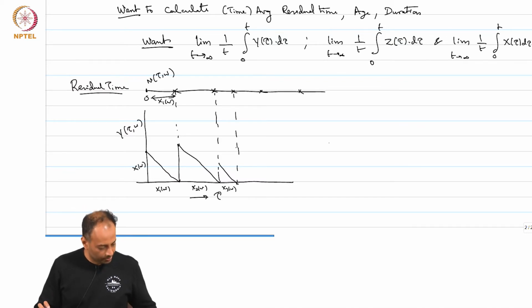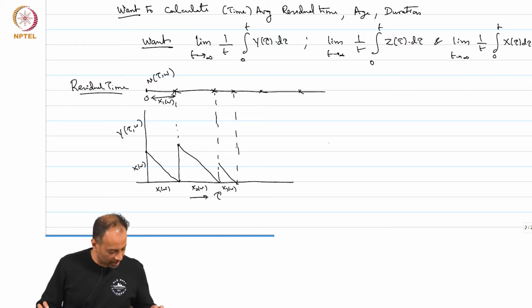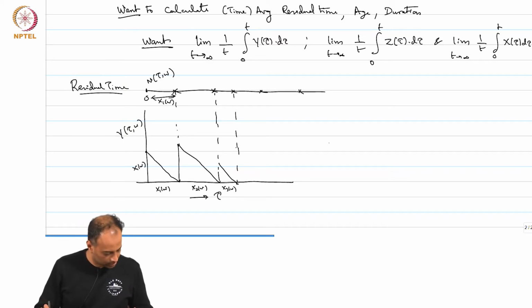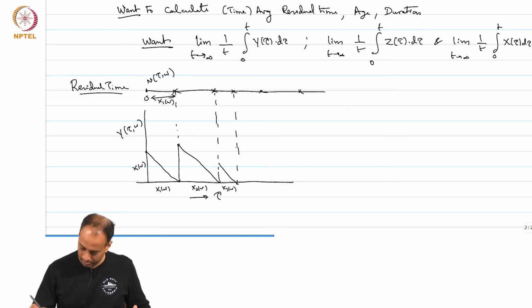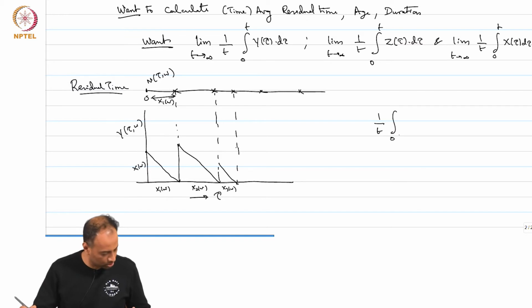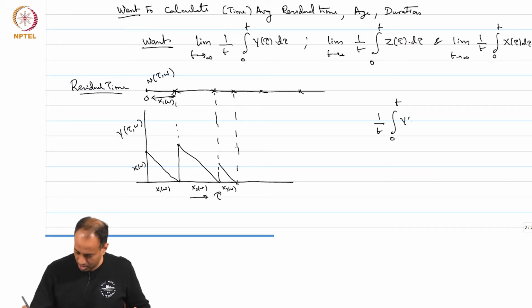So, what we do is to write down this kind of a bound. So, you have this guy, let us say 1 over t integral 0 to t y tau d tau, okay.